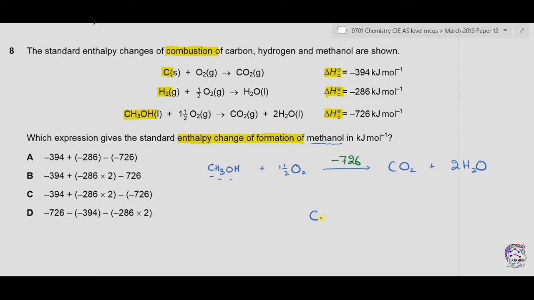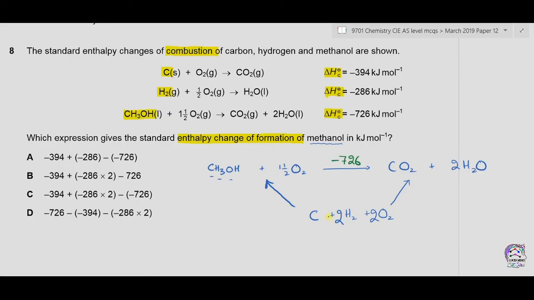So we can write carbon, hydrogen, oxygen. These elements first combine together to form the reactant, and then the reactant combusts to give the products, or these elements can directly convert into products. Balancing the number of elements with the compounds, we have 1 carbon atom, 2 hydrogen atoms, and 4 hydrogen atoms are in the water molecule, so we can write 2 with this one. We have 4 oxygen atoms in the products, so we can write 2 with oxygen.